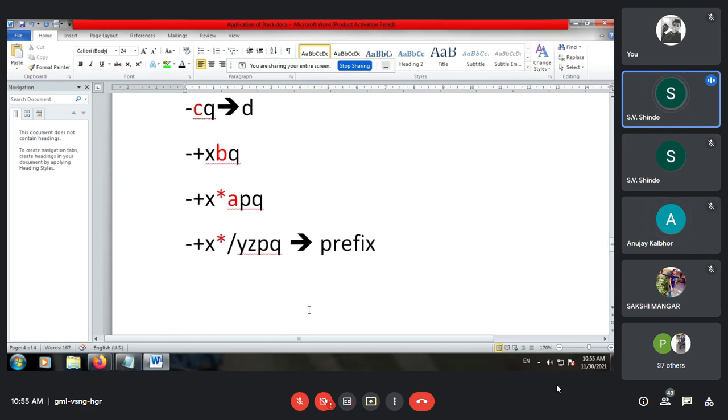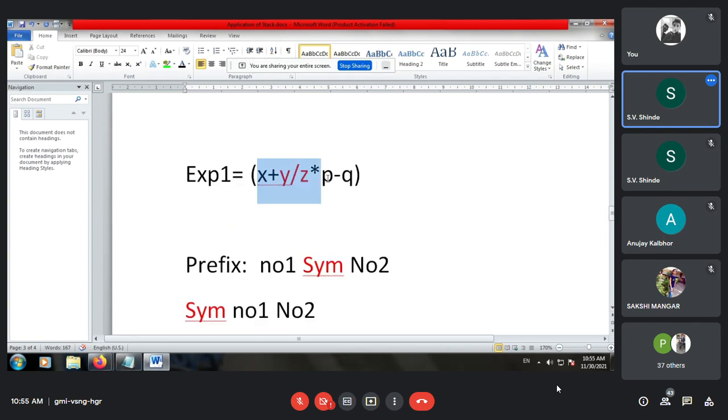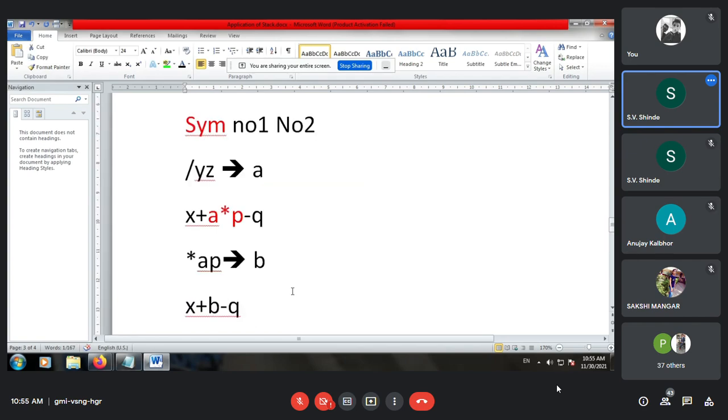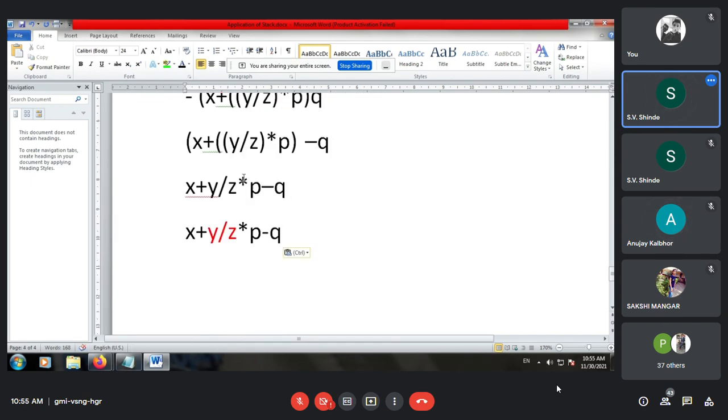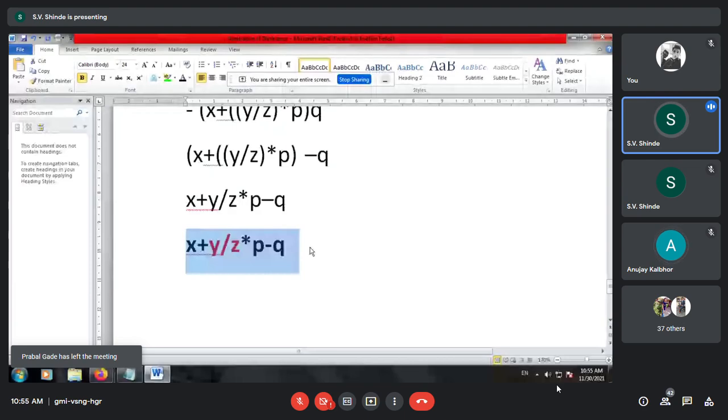So you can see this was the original expression, which is similar to the evaluated one. Everyone getting the concept of converting an infix expression to prefix and prefix conversion to infix? Yes, participants?